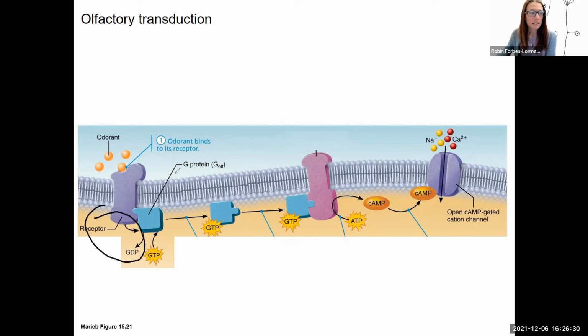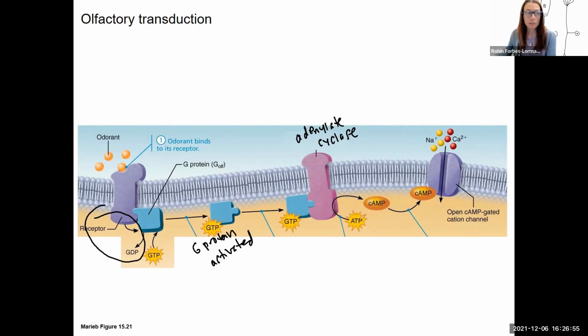This G protein is activated. So that's actually what's happening here. And the G protein stimulates, what do you think this is? This is adenylate cyclase. This is the pathway that you know. Adenylate cyclase is activated.